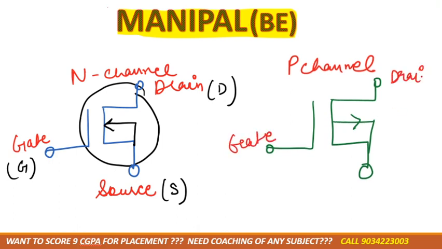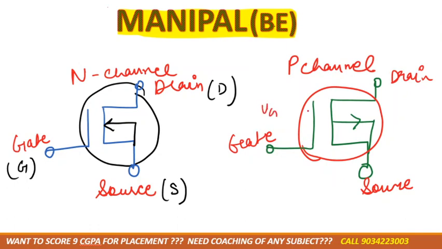Gate, source. OK. This is the N channel, right? Understood.